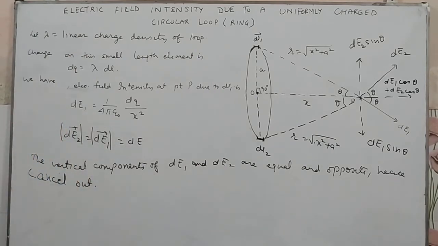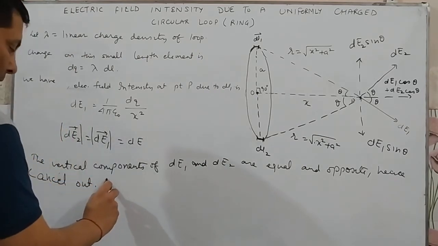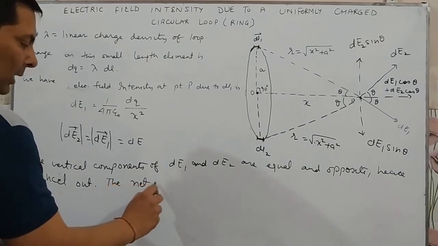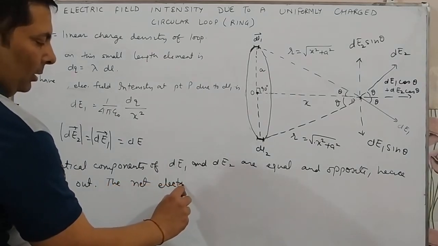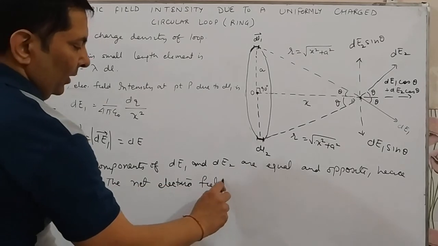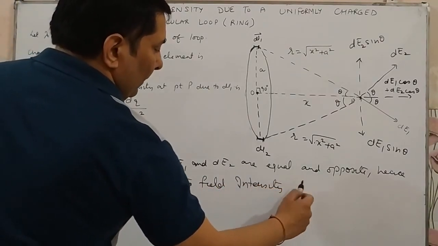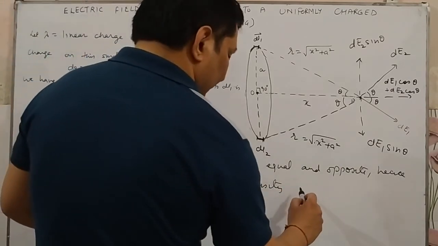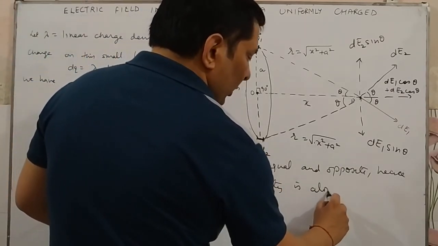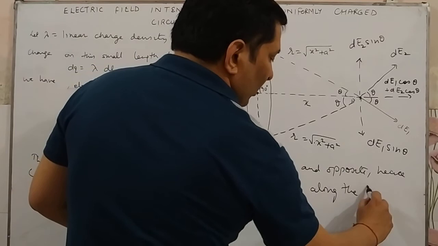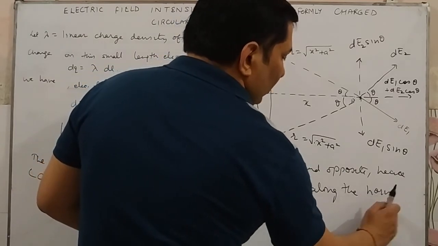Okay. So the net electric field intensity is along the horizontal direction.